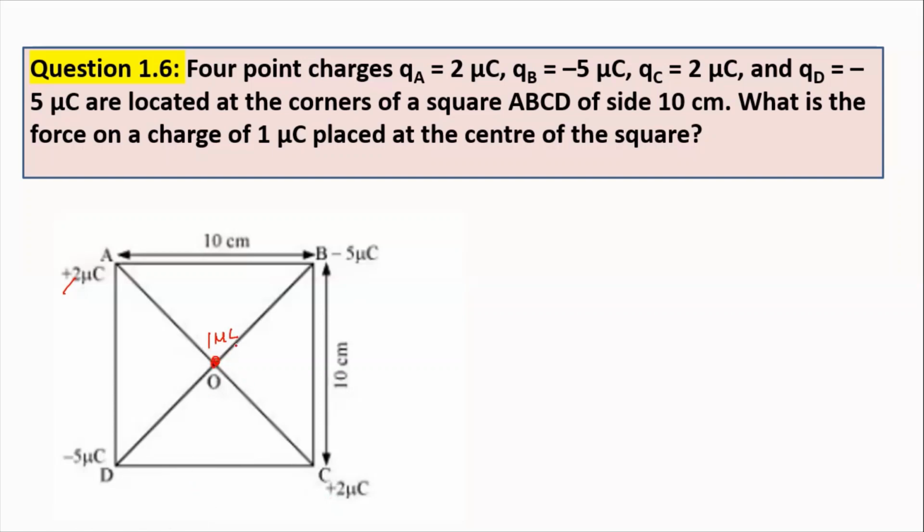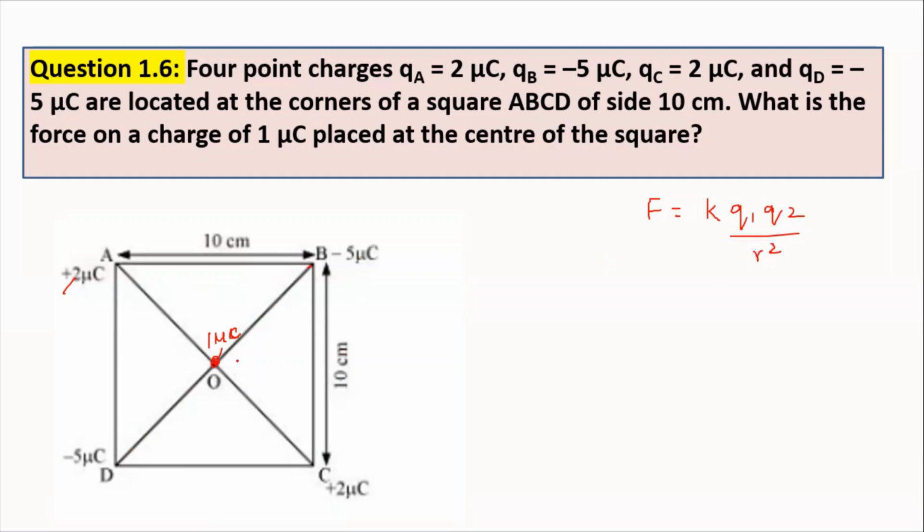First, you have to calculate the force on this charge due to all these charges. The force on this charge will be the sum of the forces due to all the 4 charges. First, what you should know, Coulomb's law: F is equal to K Q1 Q2 upon R square.